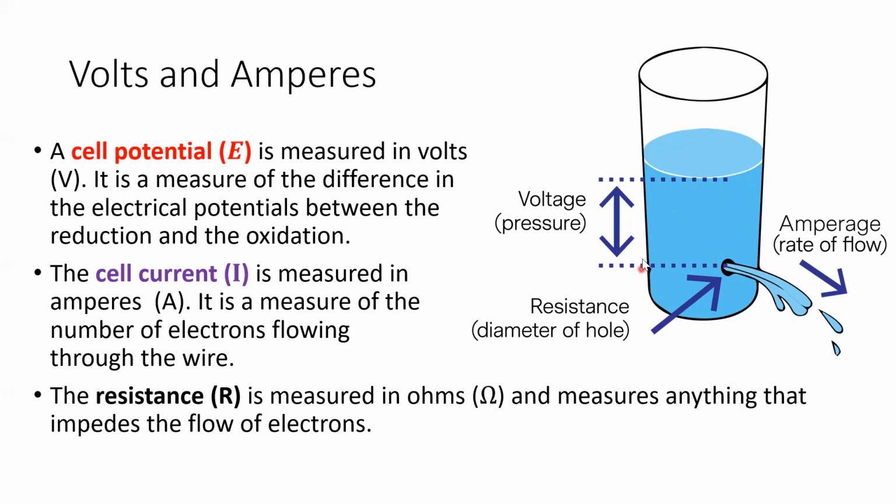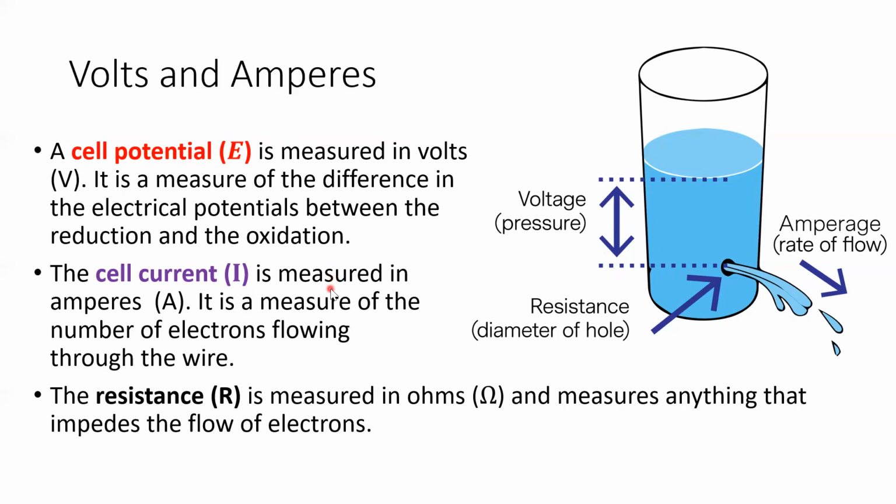The difference in the height is the difference in the pressure that causes the water to flow out of this hole. Okay, that's kind of like what we mean when we talk about voltage or our electrical potential. The difference between this value here and this value here.